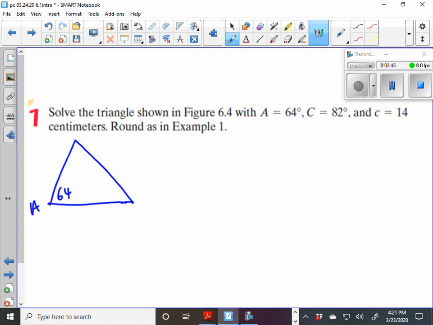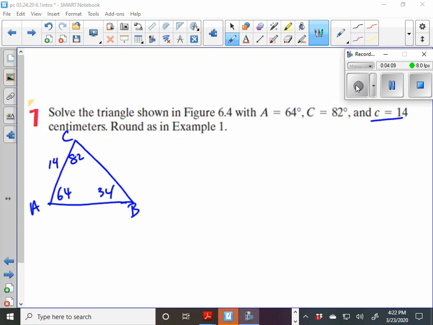It can be an equilateral triangle. This is going to be 82. Therefore, 180 minus those two angles is 34. This was C, this is now B. We know that side c is 14.